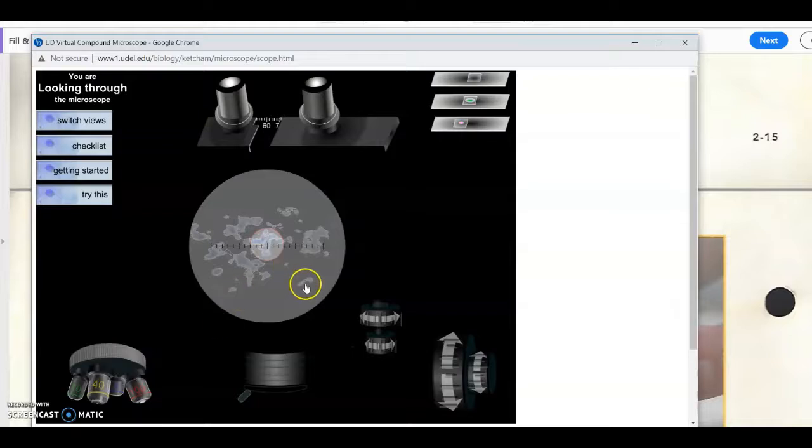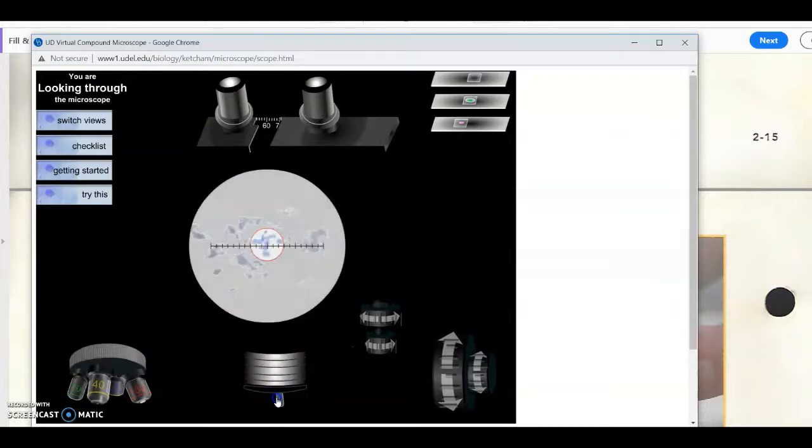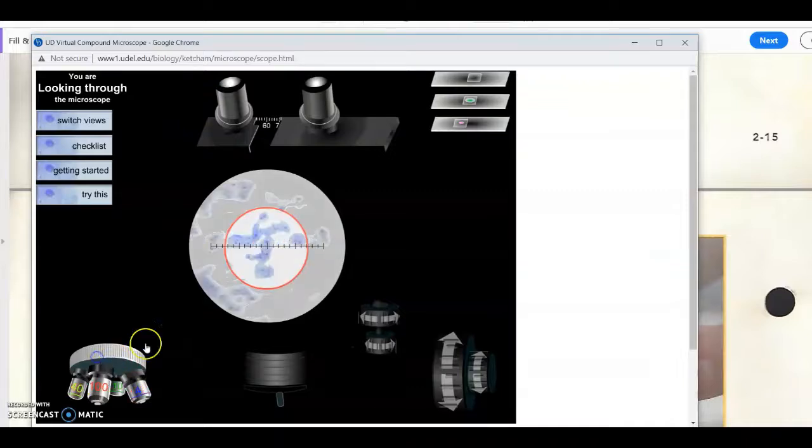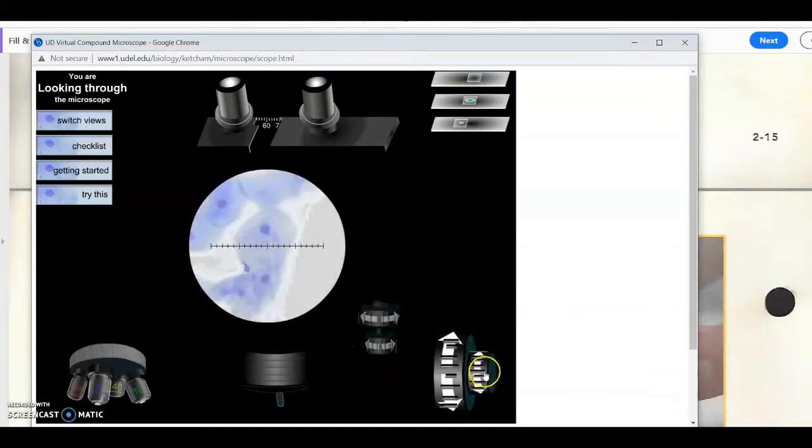So we start with 4x, okay? And we can increase, for instance, lighting a little bit. We can move them up, left, right, up and down, and adjust focus. Then we're going to switch to 10x, okay? And again, we can adjust the focus a little bit. And then 40x.